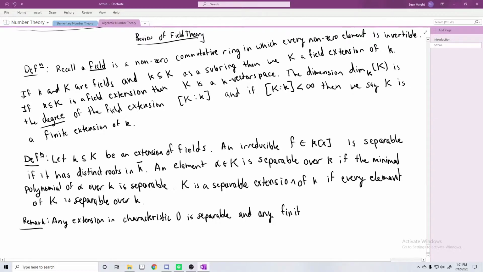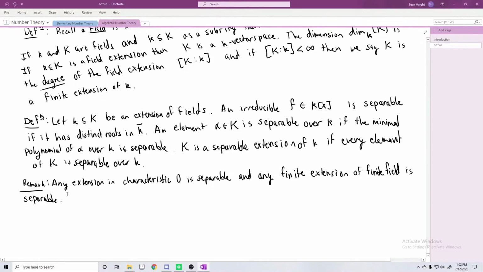So the two main classes of fields that you interact with, you always get separable extensions. That isn't to say that non-separable extensions don't appear. They do, but less frequently. Okay, so inseparability is a fairly rare condition that crops up in some places.